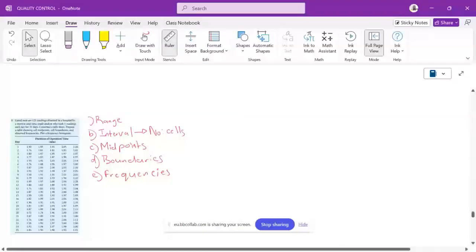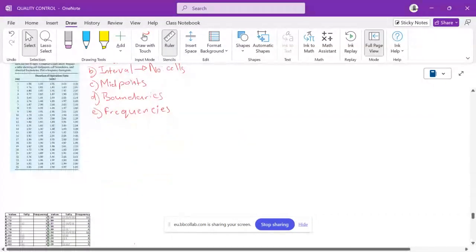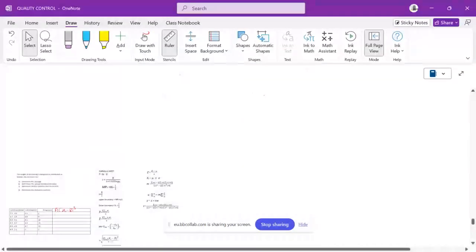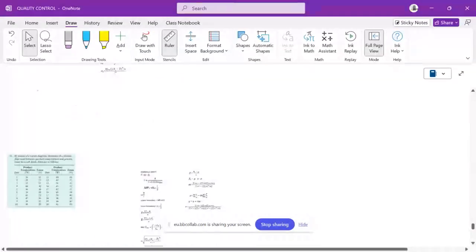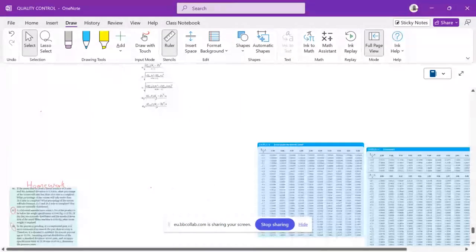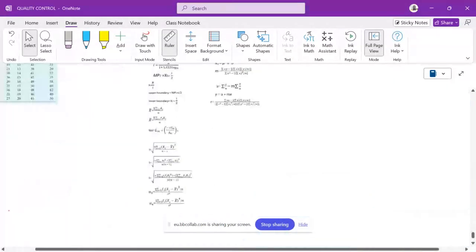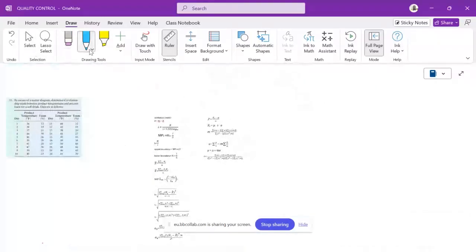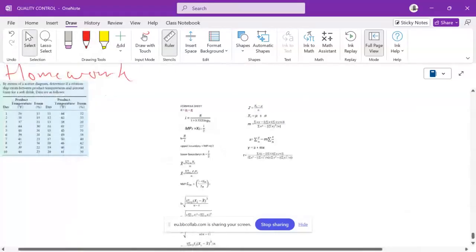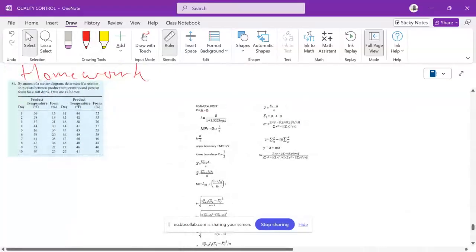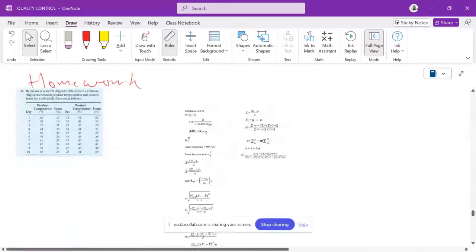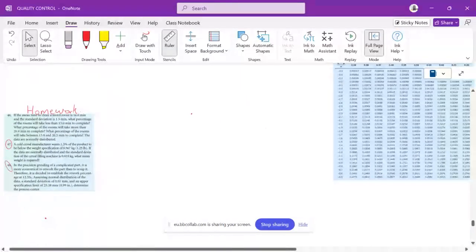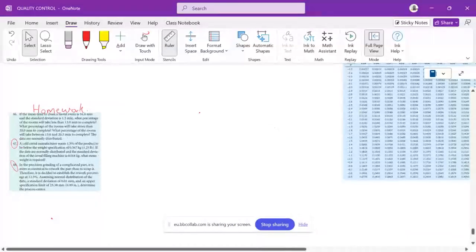Firstly, I want to give you a homework now. We just did this one. You still remember it. Homework: exercise number 51 is your homework. And then exercises 46, 47, 48.